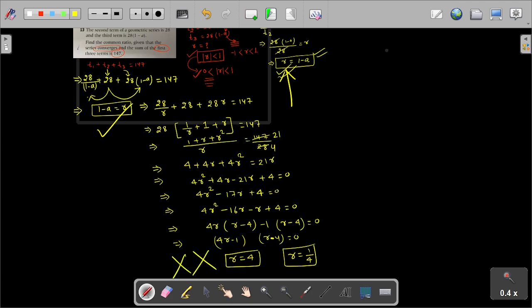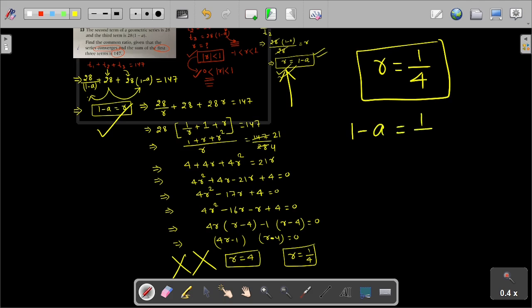We should take r = 1/4 only, correct? If r is 1/4, our question is solved. But if we want to find a, we can also find it. 1 − a = 1/4, so 1 − 1/4 = a. So a is 3/4.